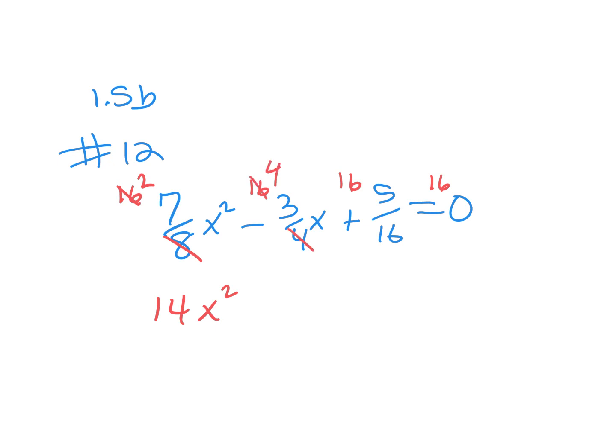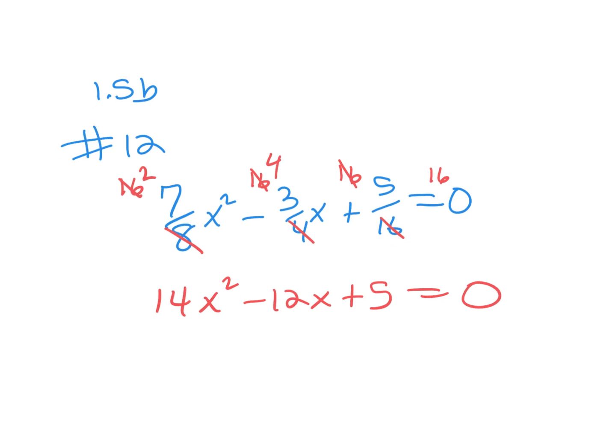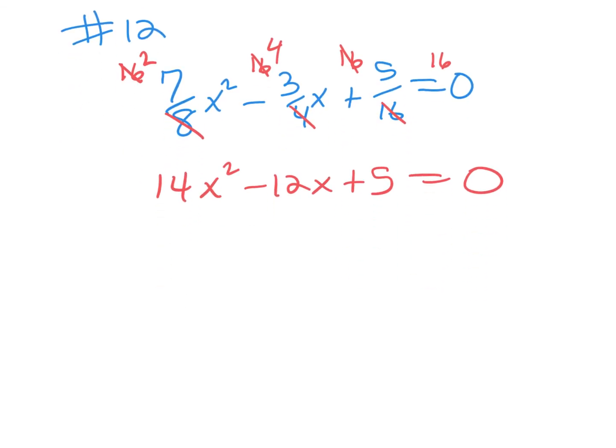Simplify this. This becomes a 12x. Simplify this. Plus 5. And then 16 times 0 is 0. Now I've got something so much easier to put into the quadratic formula. Trust me, if you get this question on the test tomorrow and you try to work with it as fractions, you're going to spend a good portion of your test trying to do this. Get rid of the fraction.